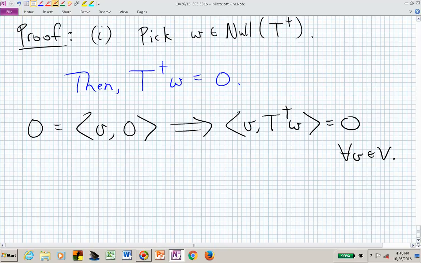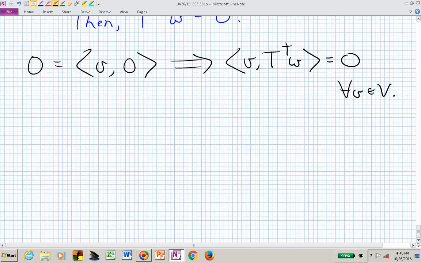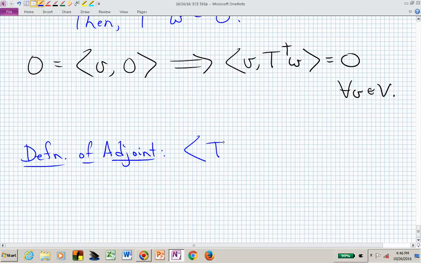But what does the definition of the adjoint allow us to say about that right-hand side? So now we know that if we have T dagger, then we must have TV inner product with W equals 0, and that must be true for all V. That's the definition of the adjoint.